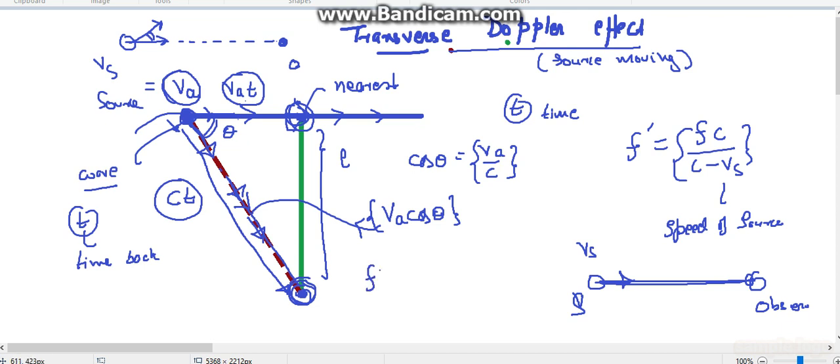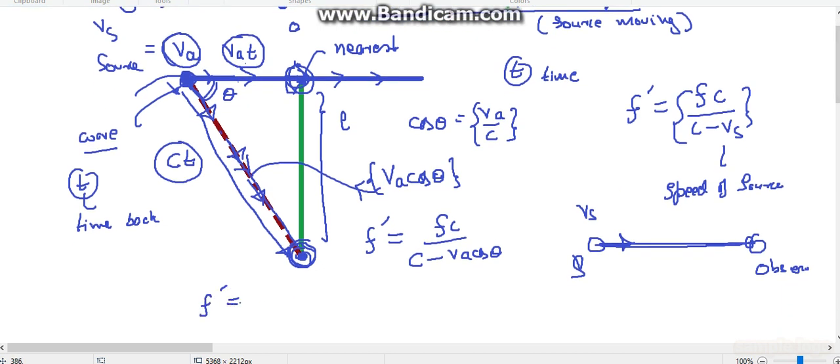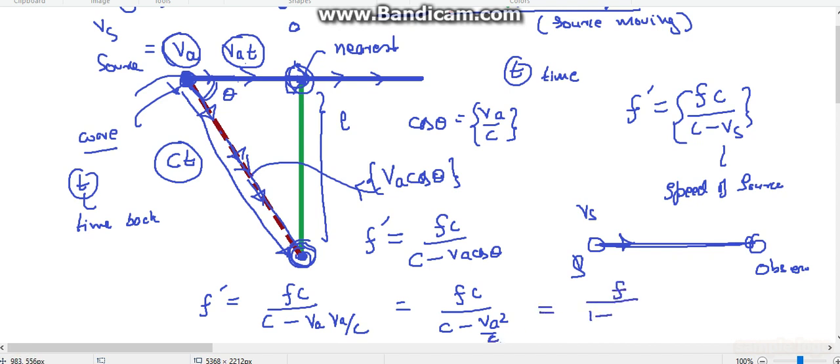So the frequency will be Fc upon C minus VA cos theta. And what is cos theta? Put the value of cos theta. So F dash would be Fc upon C minus VA into cos theta, which is VA upon C. So it becomes Fc upon C minus VA square upon C, and if you take C common, it becomes Fc upon 1 minus VA square upon C square.